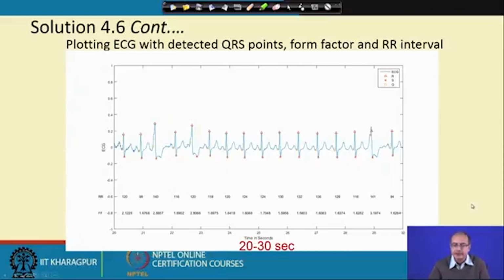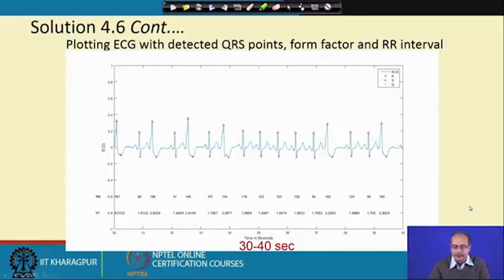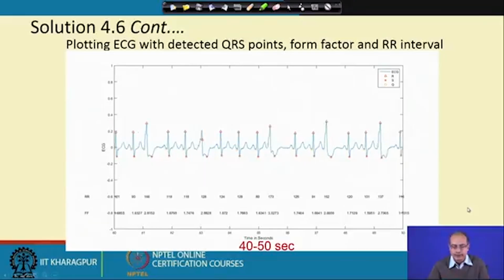So, every plot we are covering 10 seconds. In that way we could show them clearly. Then we go for 30 to 40 seconds. In the same way we are showing the location of the R, Q and S, and also the values of RR and FF for each of these QRS complexes. Then we are showing it for 40 to 50.